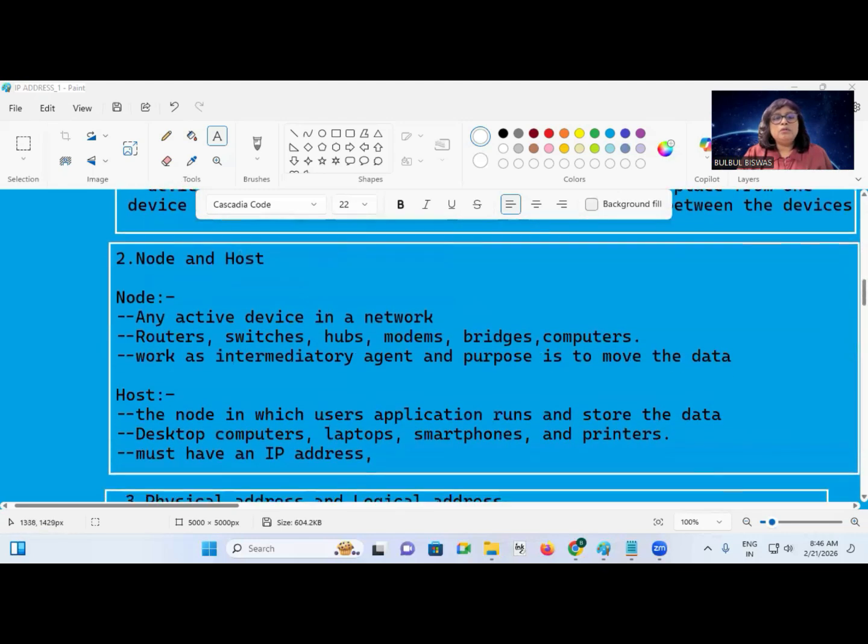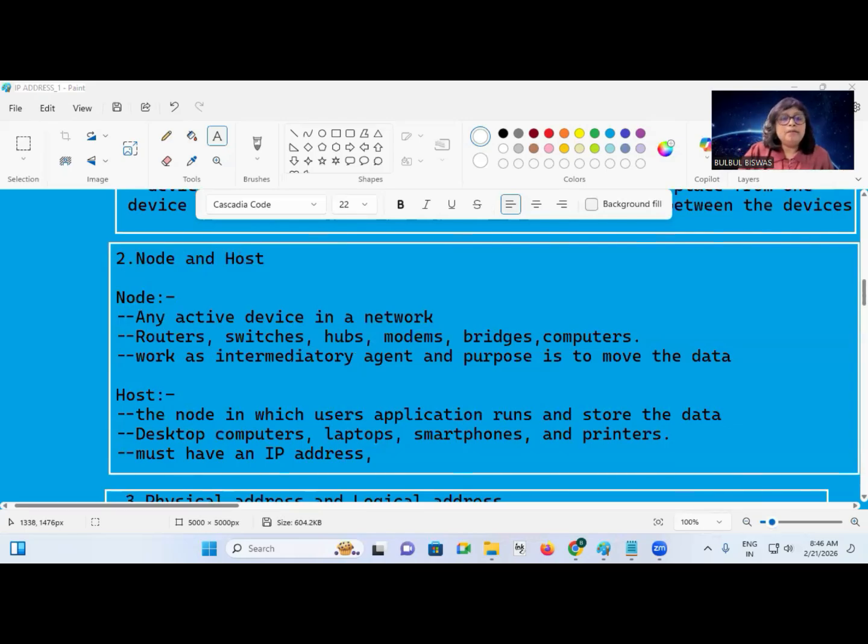In a network, every device is a node, yes? Whether it is a router, switch, hub, modem, bridge, or computer, all are nodes. Those are the intermediary agents, and the node is identified by the IP address. And the devices used for storing and running the data are the hosts. Am I clear?